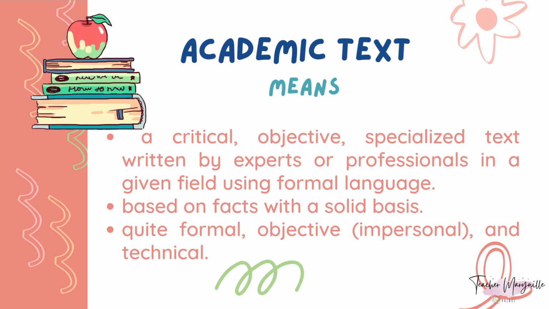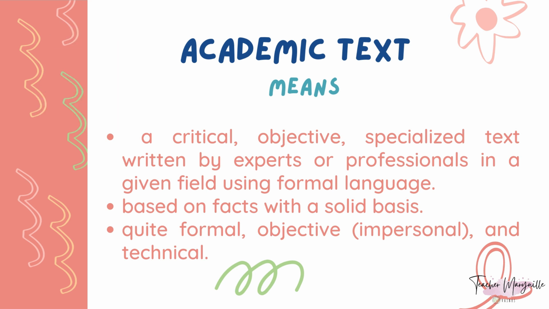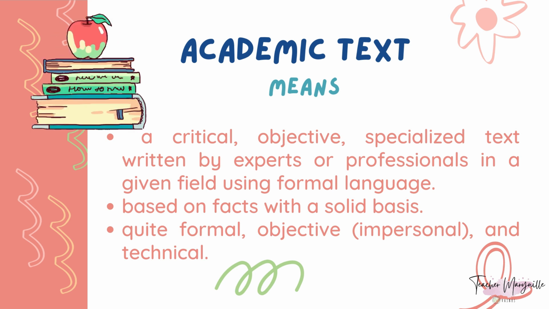So, in general, an academic text is a critical, objective, specialized text written by experts or professionals in a given field using formal language. It is based on facts with solid evidence. It is quite formal, objective, and technical.